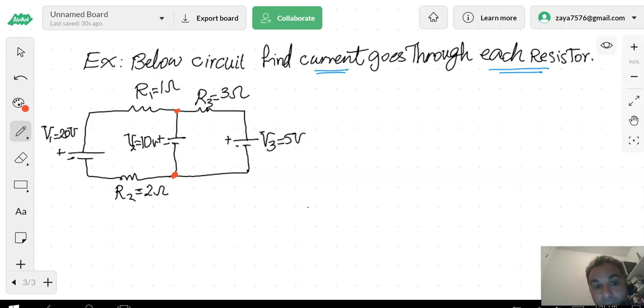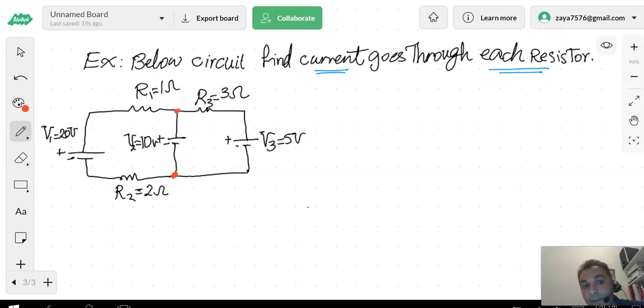One branch is from this point to this point, red to red. One branch starts from here and goes to this point. So I do have three branches. Therefore, I am going to have three electric currents, I1, I2, I3.